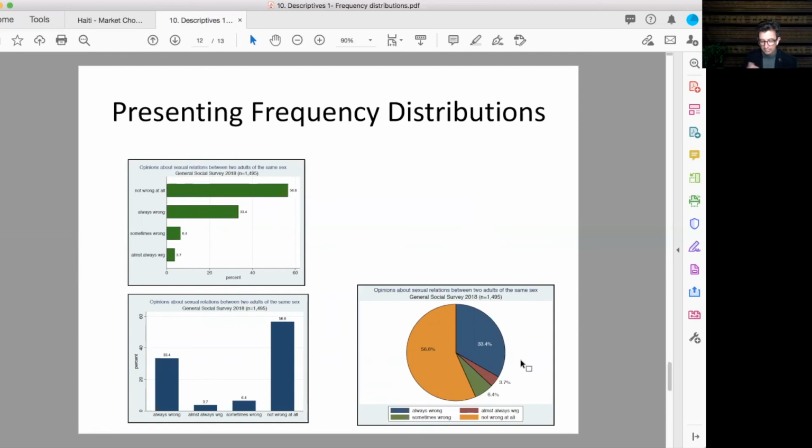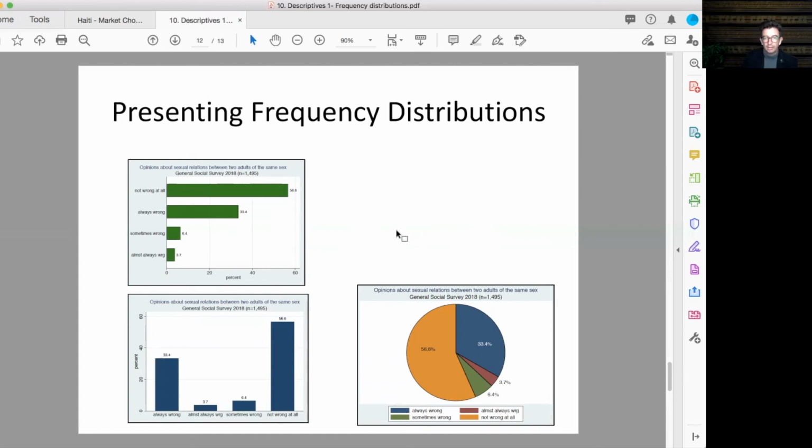They help us present the information very quickly. And this one pretty much jumps at you that the biggest percentage is, of course, not wrong at all, represented by the biggest slice in the pie, or the tallest or longest bar.